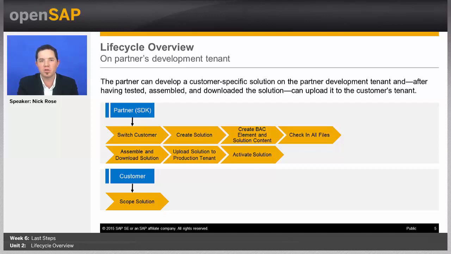I recommend that you stay away from it as much as you can. Don't assign that to your user. You shouldn't need to. You can do all of the business configuration you need with the minimum authorizations as noted in one of our first units within the SAP Cloud Application Studio. So you should have some type of user that is not a studio user that goes in and does your business configuration scoping.